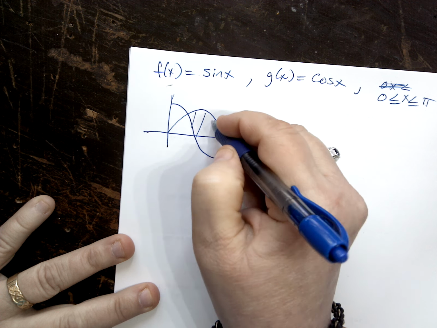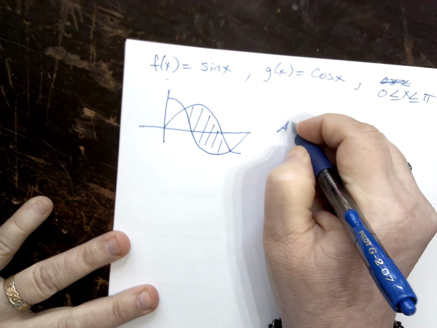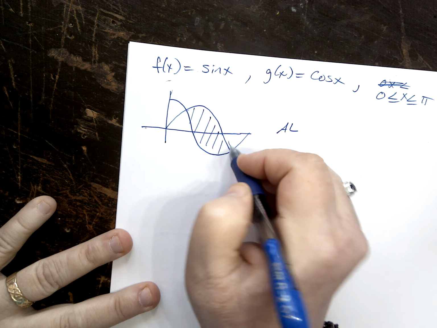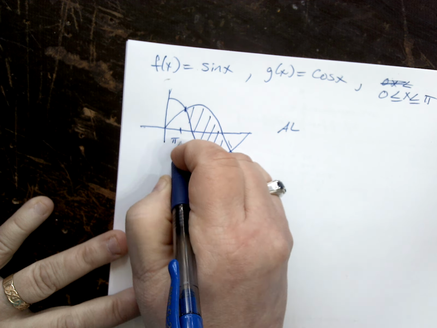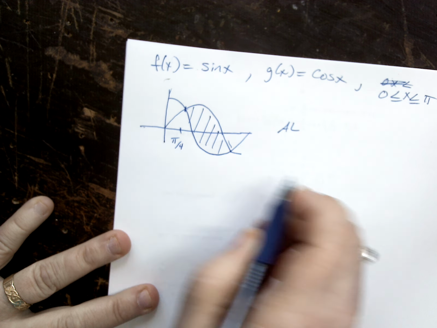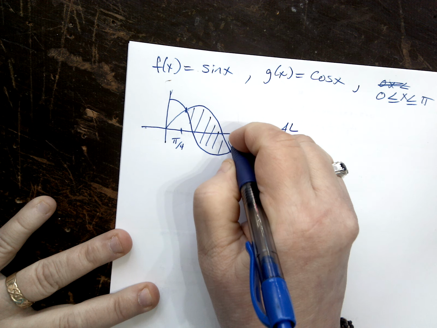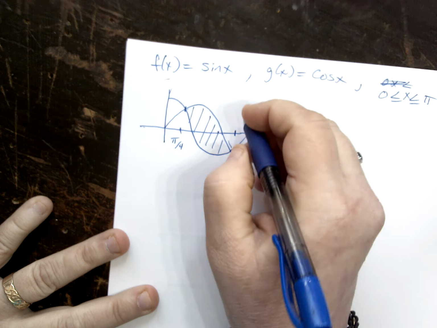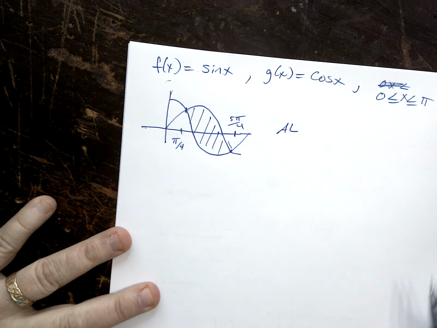So here's my region. If I want the arc length, I need to go along the top and along the bottom. Sine and cosine meet at 45 degrees, or pi over 4, in the first quadrant where they're both positive, and in the third quadrant where they're both negative. So this is 1, 2, 3, 4, 5 pi over 4.